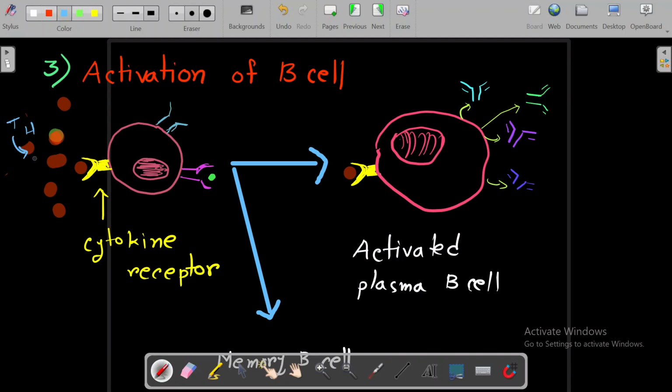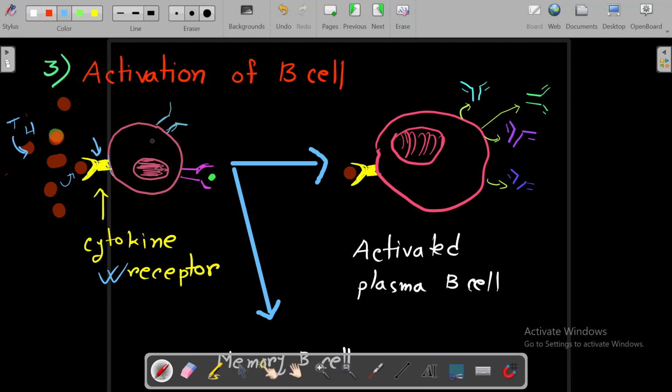So this T helper cell releases the cytokines, and the B cell surface also contains this thing, a cytokine receptor. So what happens next is that cytokines will obviously bind with the cytokine receptor on the surface of the B cell.